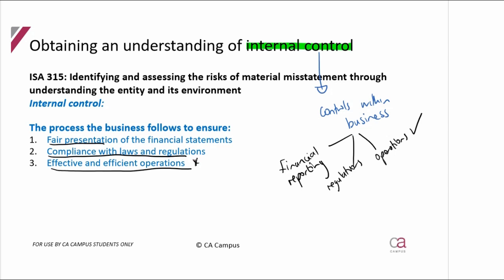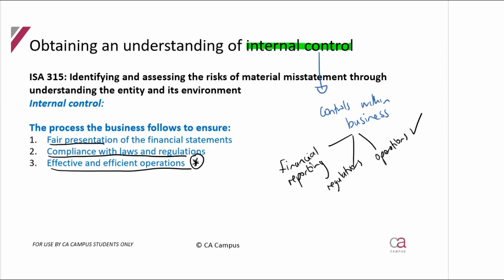They have to have effective and efficient operations to be a business. Otherwise, competitors are going to come and take over. So in order for this business to continue functioning and functioning well, there must be internal control. There must be controls within the business.